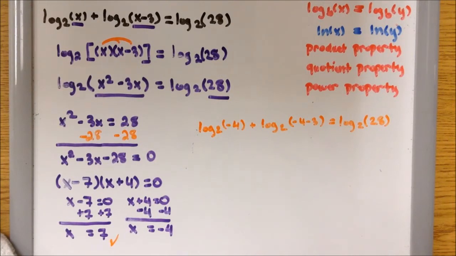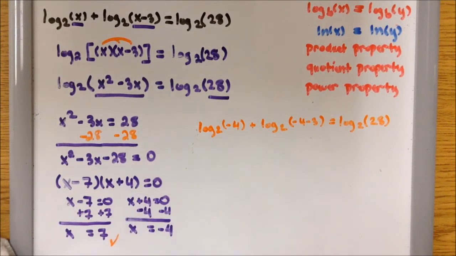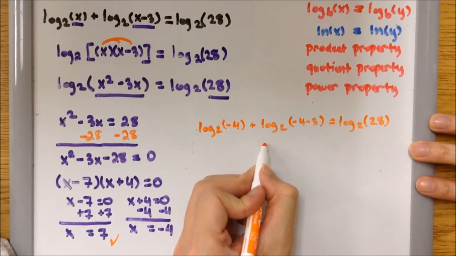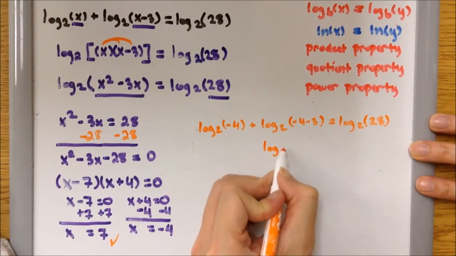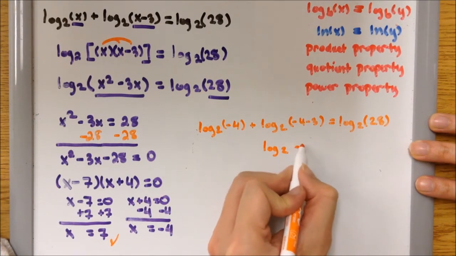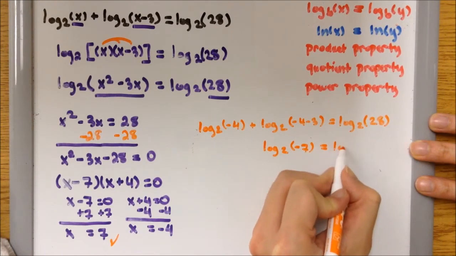Alright. Now, here we have log base 2 of negative 4. So there's a negative number inside this log. Now, if we were to work this out, negative 4 minus 3 is negative 7, and I bring down everything else.